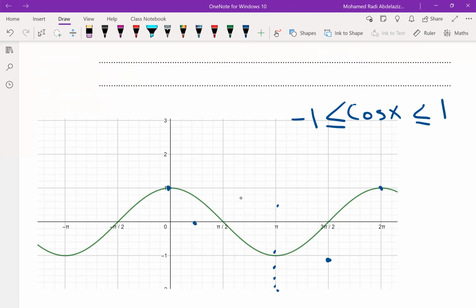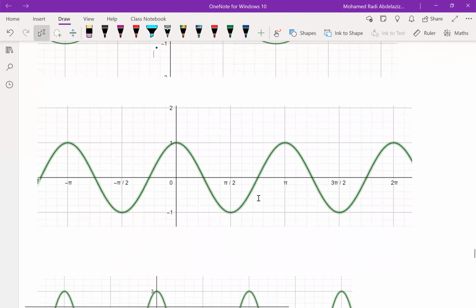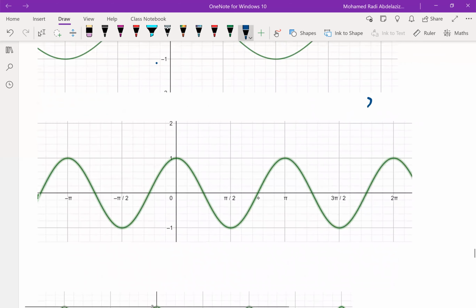I will show you now the accurate curve for cosine 2x, then discuss the minimum and maximum. This is the curve of cosine 2x. See, it starts from 1, 0, minus 1, 0, 1. This is the first wave. Repeat 1, 0, minus 1, 0, 1. This is the second wave.